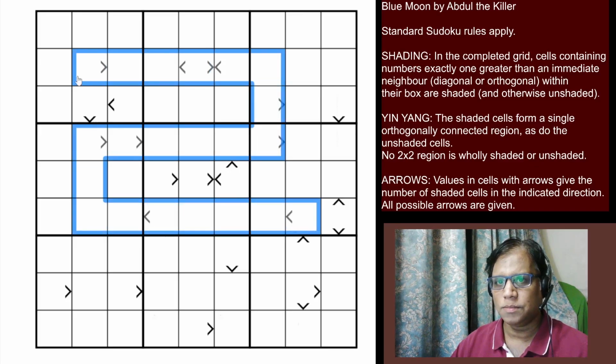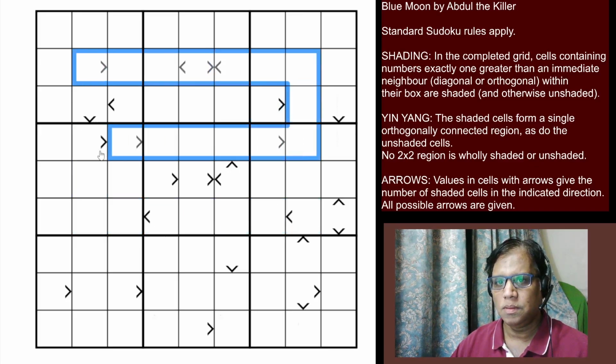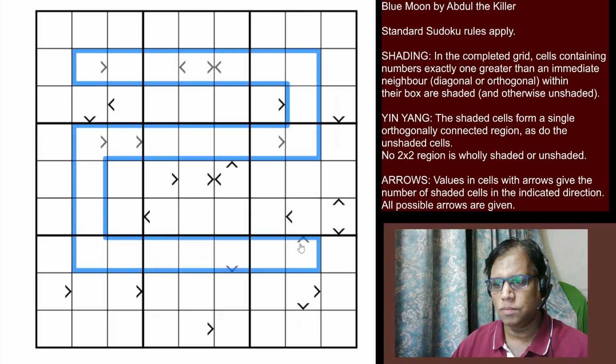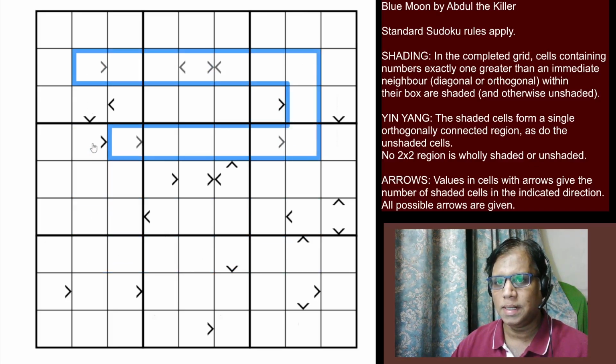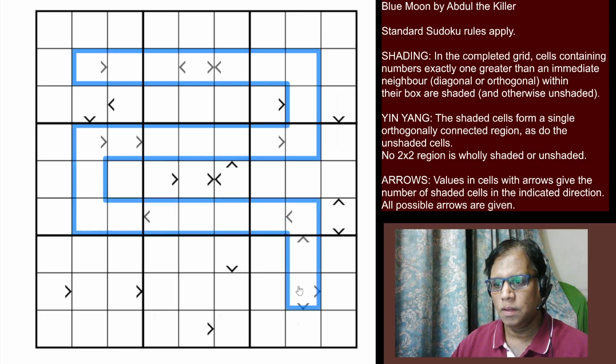Whatever the shaded region is, it should be connected.